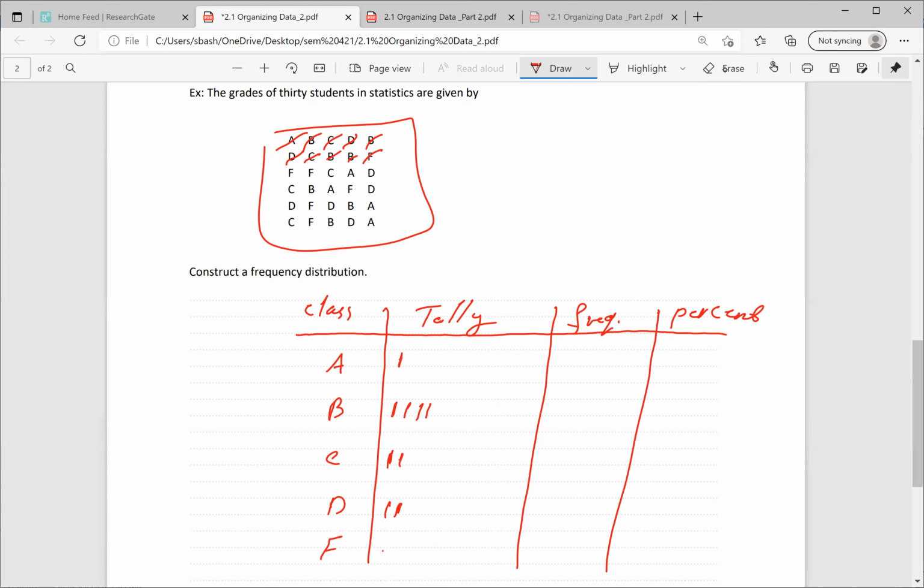F, 1 bar for F. Also two F's together. Next is C, next is A, then D, then C. One is B. So I have 4, and this will be one set, which means I have 5 now.